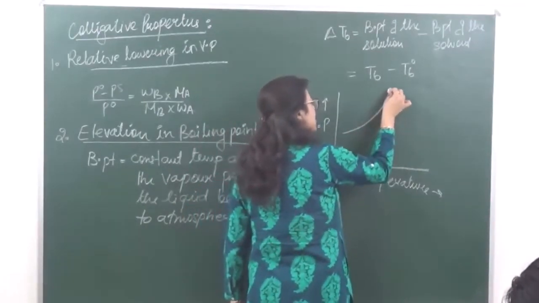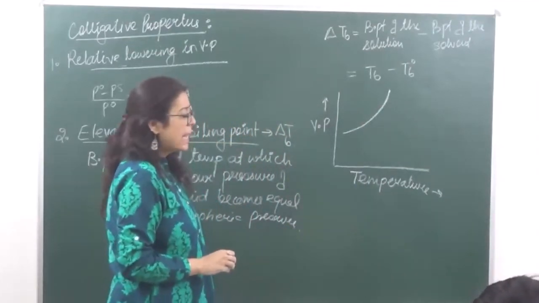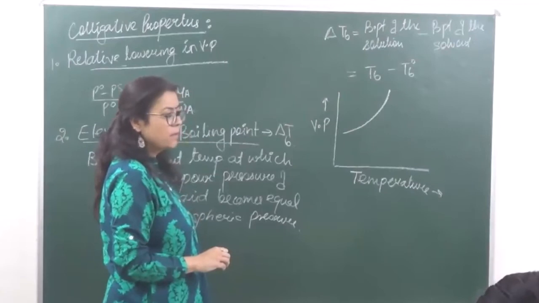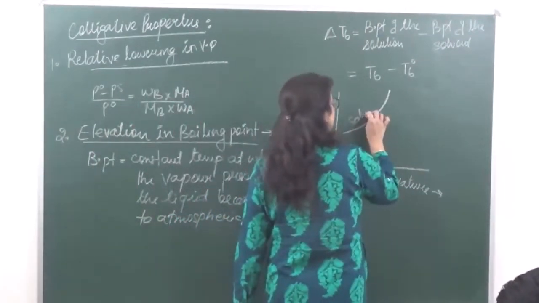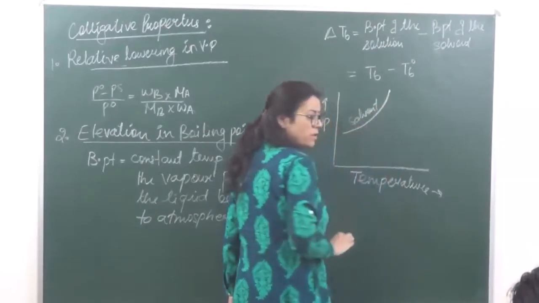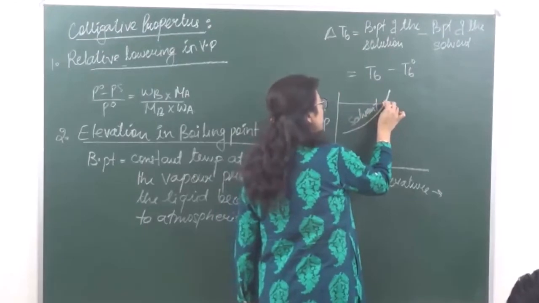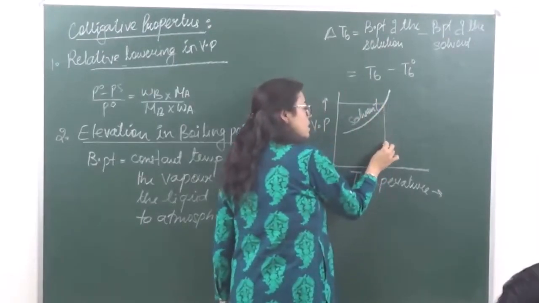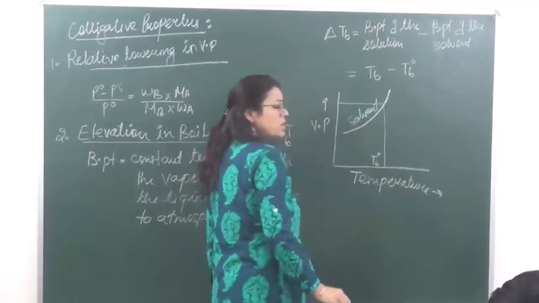So let's say the graph for the pure solvent comes like this. As the temperature is increasing, the vapor pressure is also increasing. So this is the graph for pure solvent, right? And we are saying that the temperature at which the vapor pressure becomes equal to atmospheric pressure is denoted by Tb naught.